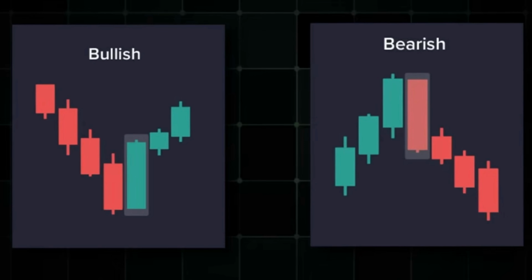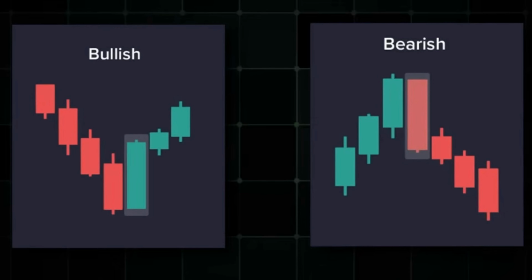Then we have the next one, which is called the belt line. So this is basically a way of the market signifying a potential reversal in the current trend. As you can see, on the bullish belt hold line, we have a decline in the market, which is then followed by three green candlesticks to the upside, one long with two shorter ones following up to the upside, identifying there a reversal up in the bullish direction.